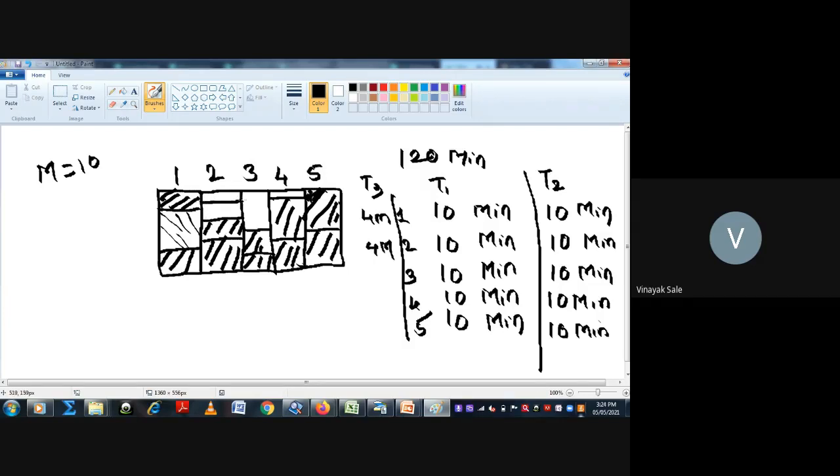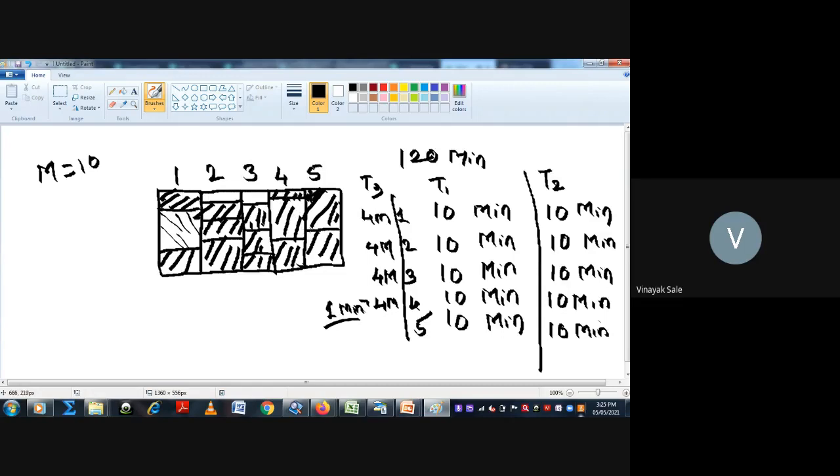Suppose up to this. During the next 4 minute time slot, question third is completed up to this. Then during the next 4 minute time slot, within 1 minute question 4 is completed.